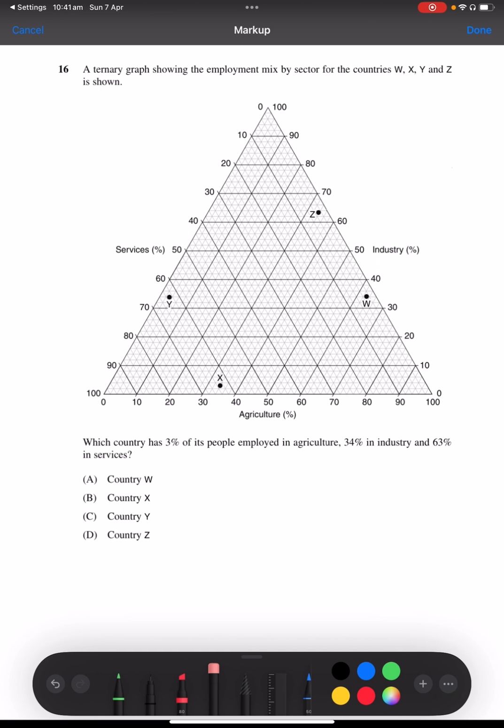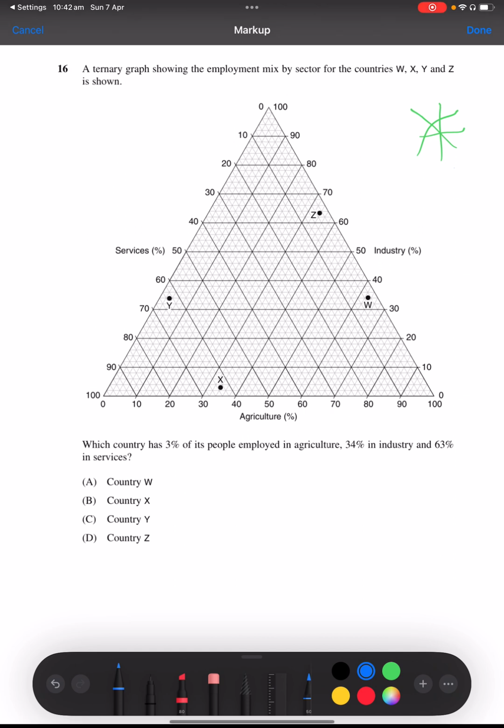All right, so first of all, remember we always have to start on this right-hand side, okay? Very important because it is the easiest set of data to gather. So if we're looking at country Z, this is our first one. Country Z, we need to just draw a line across, and there's our data point starting from the industry perspective.